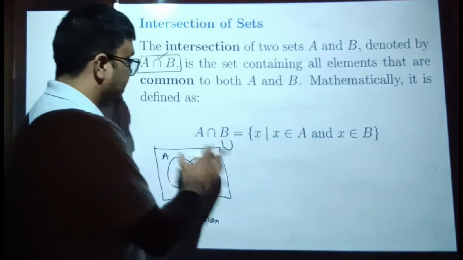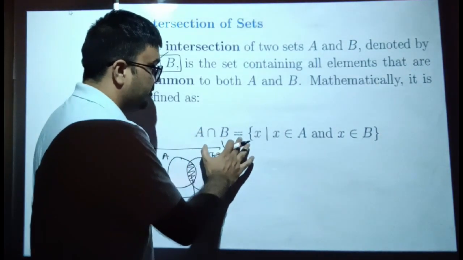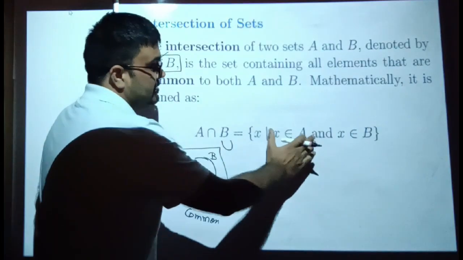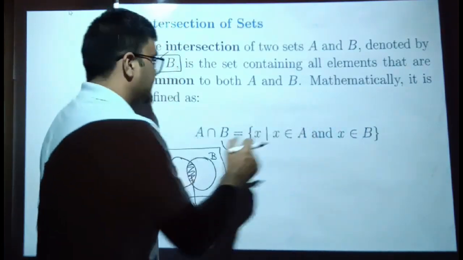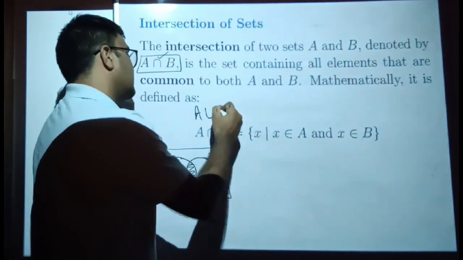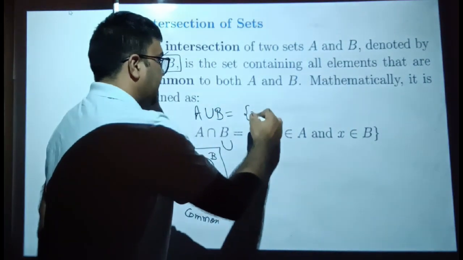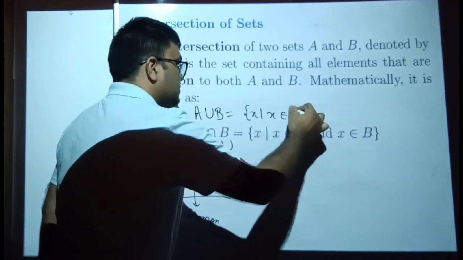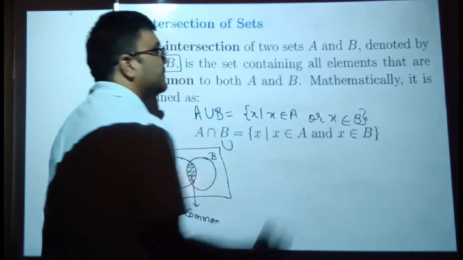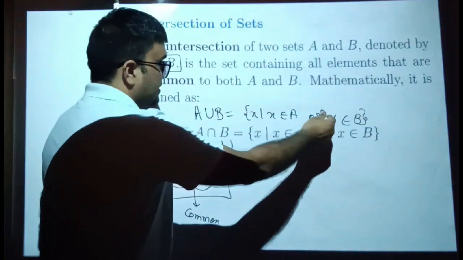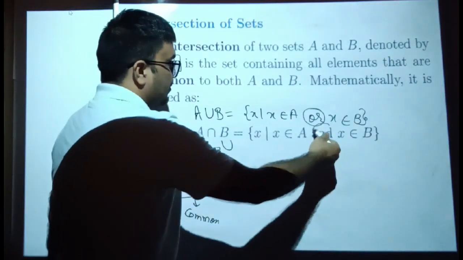So how are we representing it? We say A intersection B means all those x such that x belongs to A and x belongs to B. When we were talking about union, we were writing x such that x belongs to A or x belongs to B. So the difference over here is that we use or there, and here we are using and.